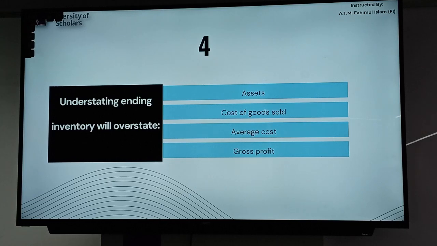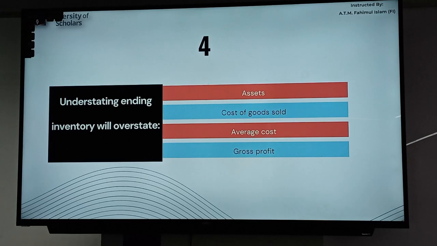It comes in when we calculate the cost of goods sold, which is beginning inventory plus purchases minus ending inventory. If we understate the ending inventory, will it overstate the cost of goods sold, or overstate the gross profit? First, we kick out the assets and average cost options.